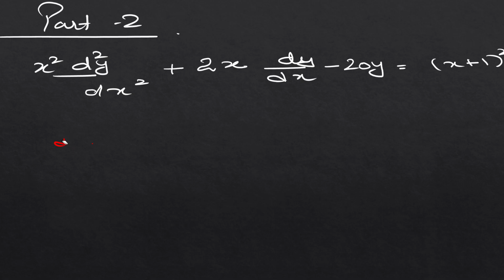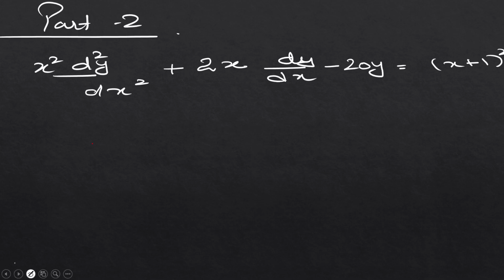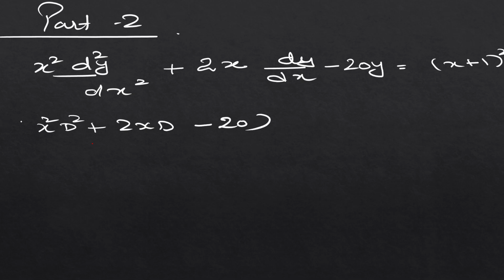So if we want to replace it, first of all, we write x square d square plus 2x d minus 20, with y taken as common, equal to (x plus 1) whole square.